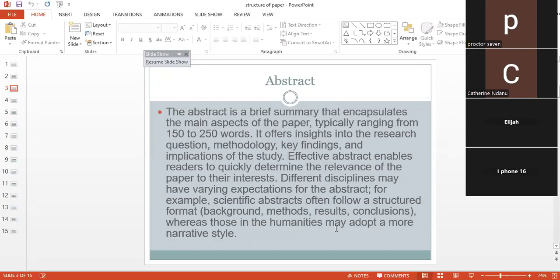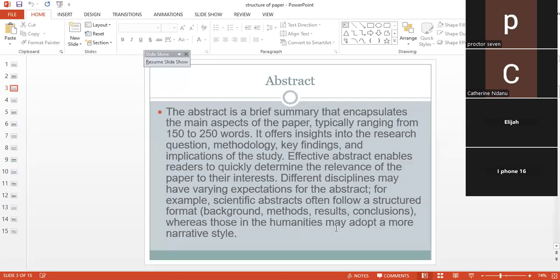So the humanities may not focus so much on things like results and discussions. They are more narrative. But when it comes to natural scientists like you people, then we must have the methods, the results, the discussions, and all that.